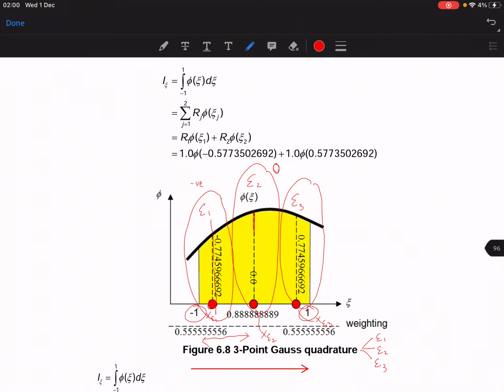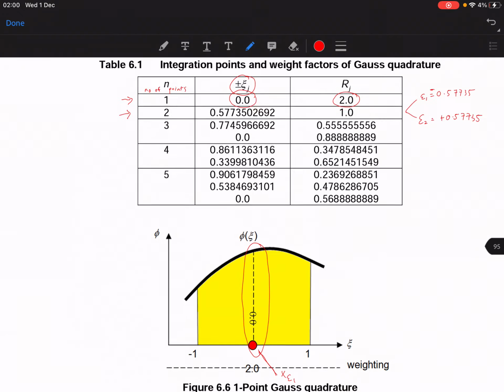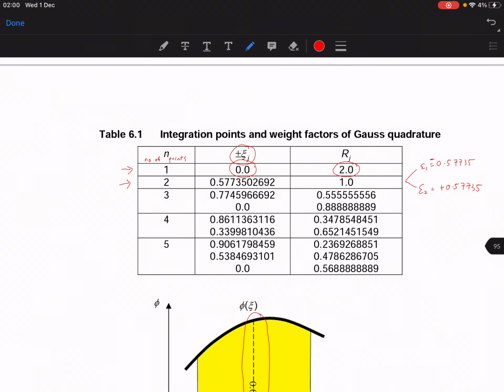While Zeta 3 is located at the positive region. So again, for 3 point, Zeta 1 is equal to the negative value of this. Zeta 2, as I mentioned, is in the center, so it becomes 0. And Zeta 3 is in the positive region, so it is the positive value of this one.